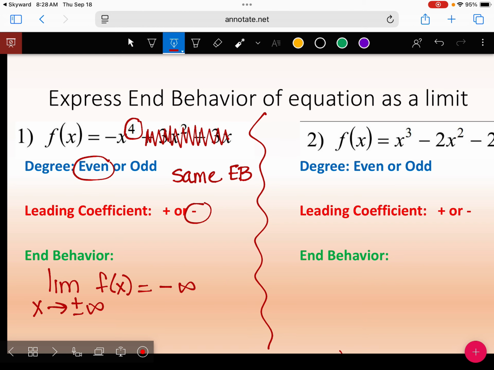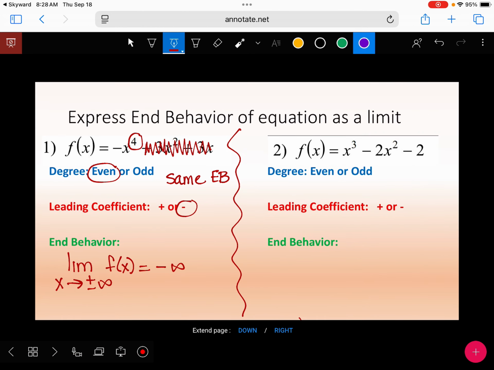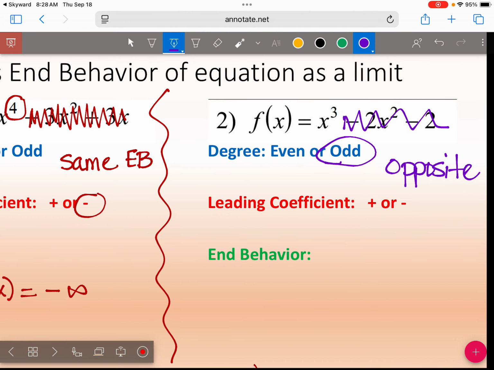Is this even or odd? What's the highest exponent? 3. Again, this doesn't matter. So this is an odd function, which tells me that the arrows, or my end behavior, will be opposite. Is the first number positive or negative? Positive 1. So I usually make a little sketch only for odd. Because it's positive, that tells me the right side will go up, which means the left side is going to do the opposite, which is go down.